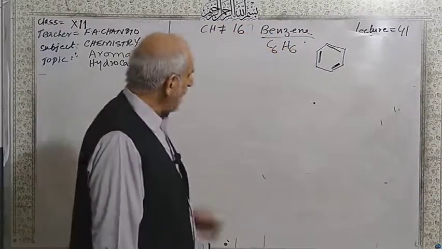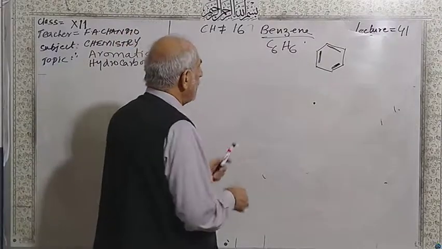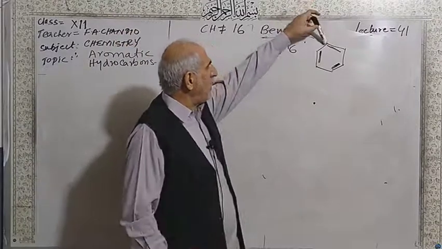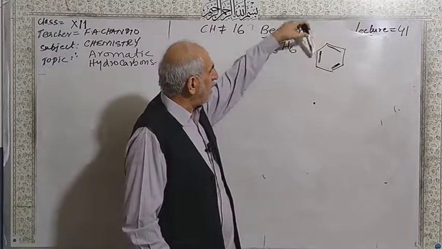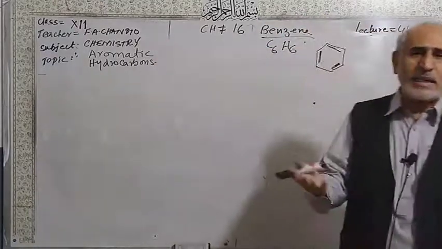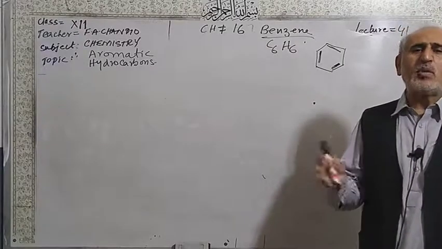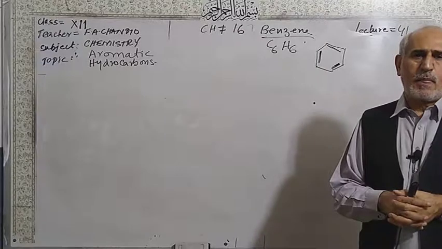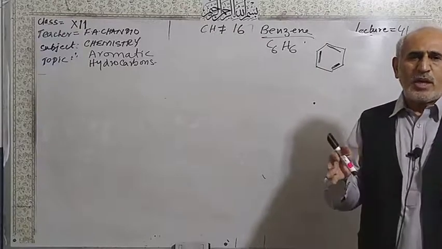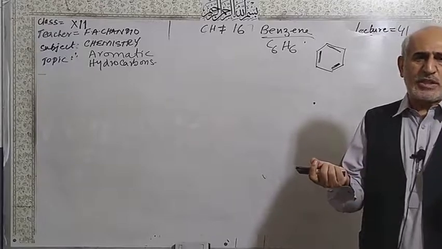One thing I'm going to explain, then I will stop the lecture here. Dear students, 1, 2, 3, 4, 5, 6. All the carbons have equal nature. That's why benzene gives mono substitution reactions.